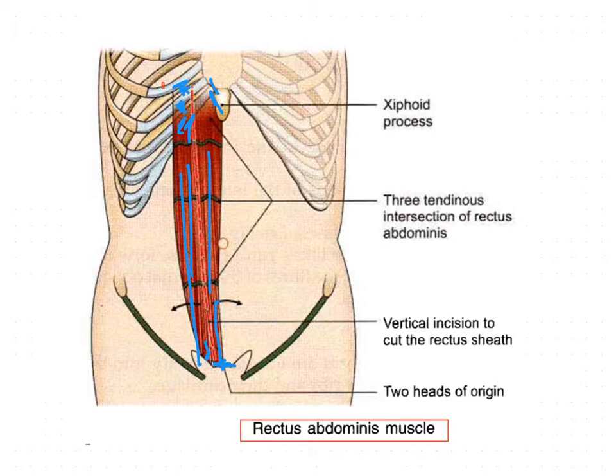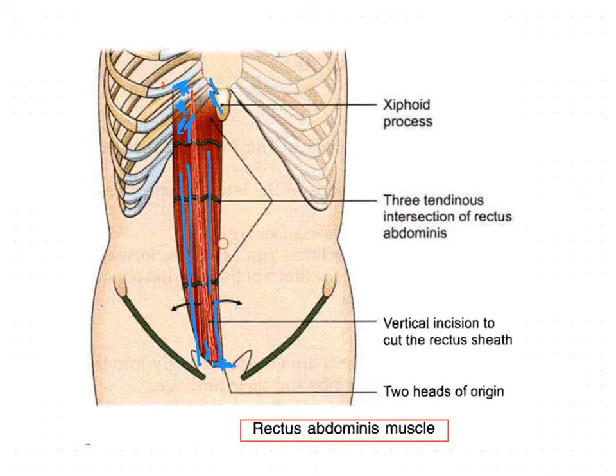Such intersections are not seen on the posterior aspect of this muscle, and these intersections never reach its posterior surface.